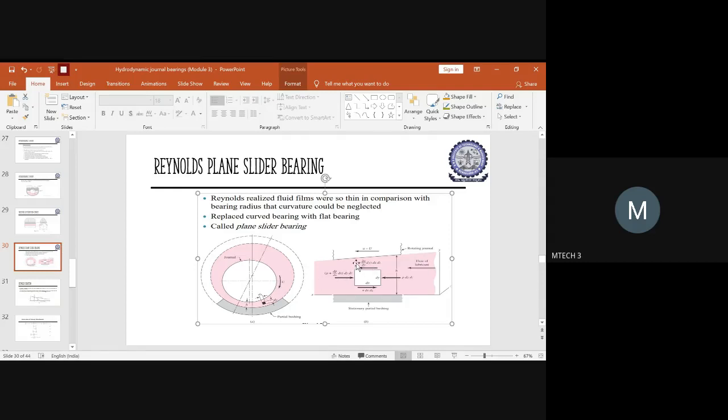And here the shear stress comes into picture. Why? Because the plate is moving here, and here the plate is held stationary. You have a supporting bush. The plate, in the sense, you have a journal here which has been rotating. Since the journal is rotating, the fluid will move along the direction in which the journal has been rotating.